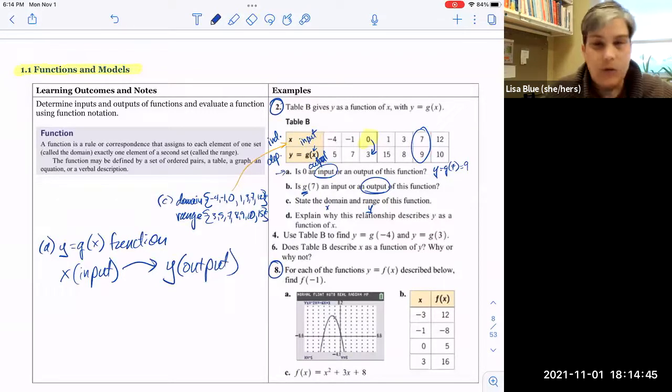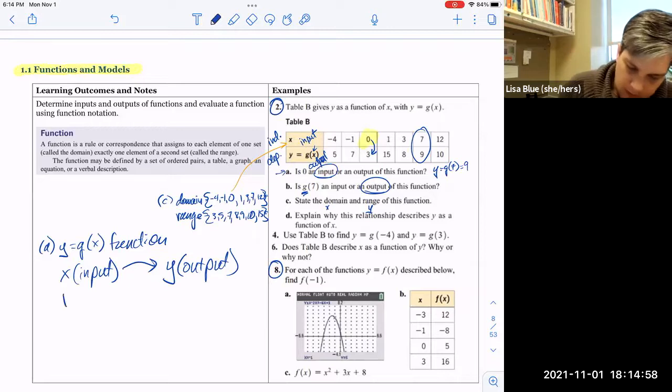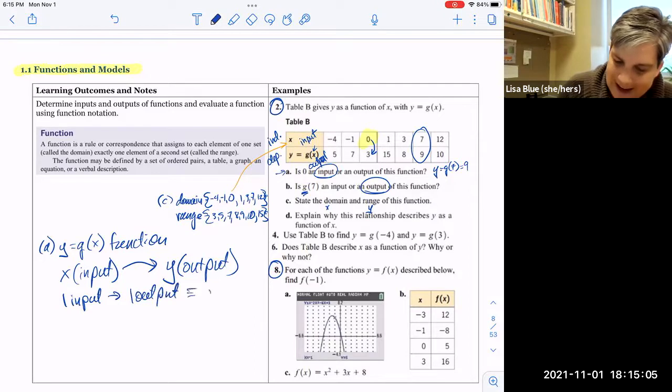Okay. And so when we're talking about whether something is a function or not, they use this little mapping notation. And we see that as long as we have one input going to one output, that's defined as a function.